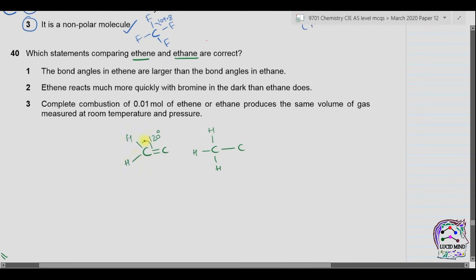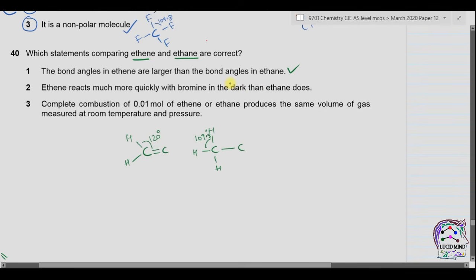So overall in 360 degree space the angle is 120 degrees. While in ethane carbon atoms make 4 single covalent bonds, so the structure is tetrahedral and the bond angle is 109.5 degrees. So the bond angle in ethene is larger than the bond angle in ethane. So this one is correct option.